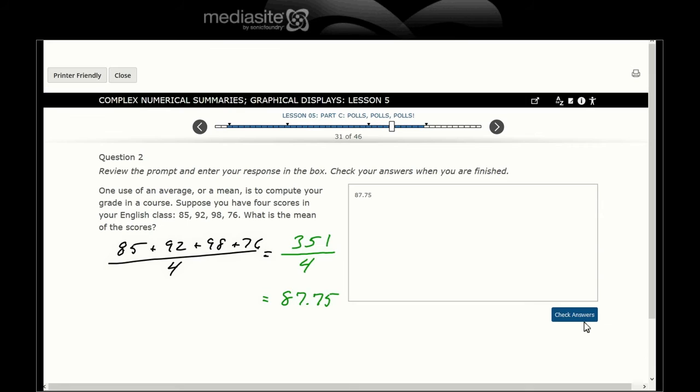So doing the average isn't that hard to do. Add them up, add up all your points, or all your scores, all your values, and divide by how many you have.